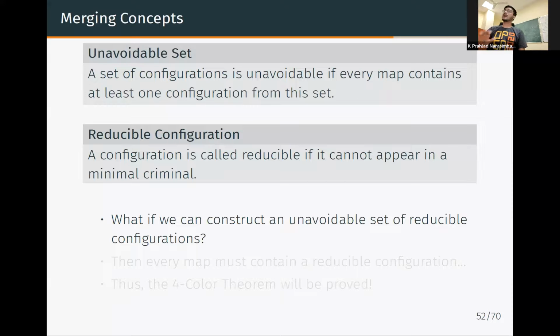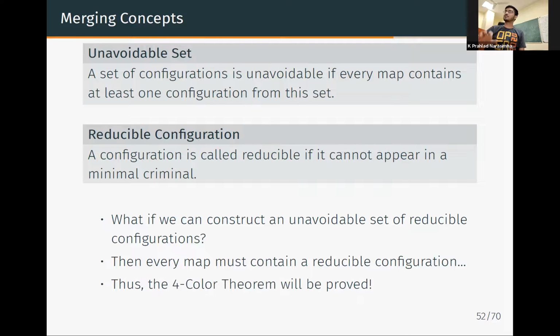Well, what happens if you can construct an unavoidable set of reducible configurations? That is, essentially, if you can prove that any map you give me, there exists a reducible configuration in that map, then the four-color theorem is done, right? Because what does it prove? No map can be a minimal criminal, which means that there exists no minimal criminal, which means that the four-color theorem is true.